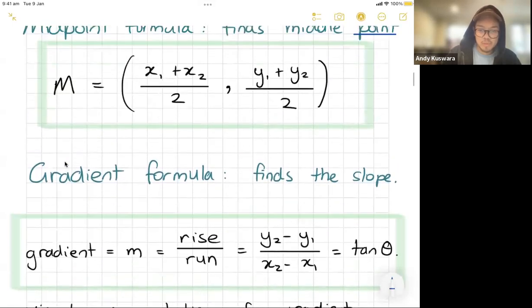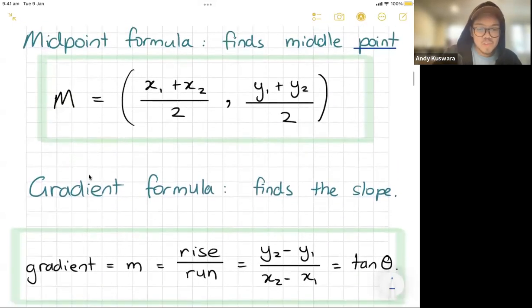Not to be confused with the next one, which is gradient. Okay, now the gradient formula, I'll leave that for now. The gradient essentially gives you the slope. If it's really steep or not very steep, you'll get your gradient. They let it equal the letter M. You should be familiar with this, but if not, little m. Now there's three formulas that you can remember. It's either rise over run, or the coordinate version would be y2 minus y1 on x2 minus x1.